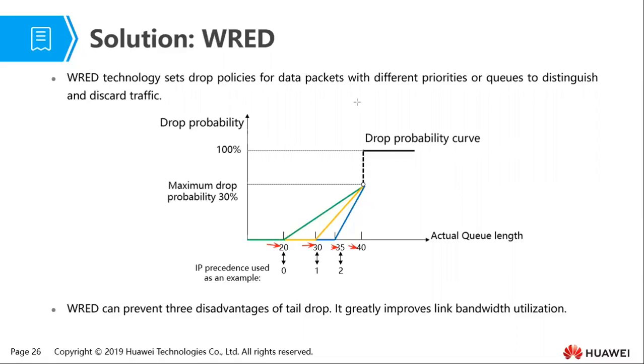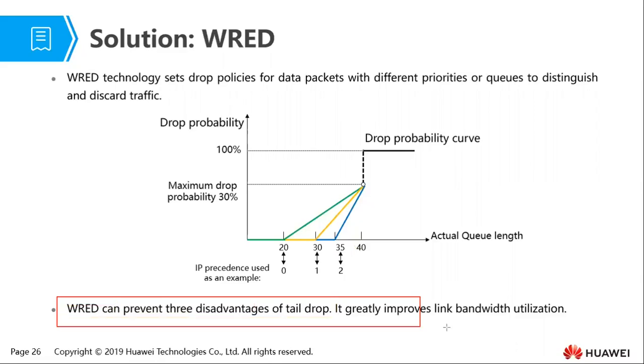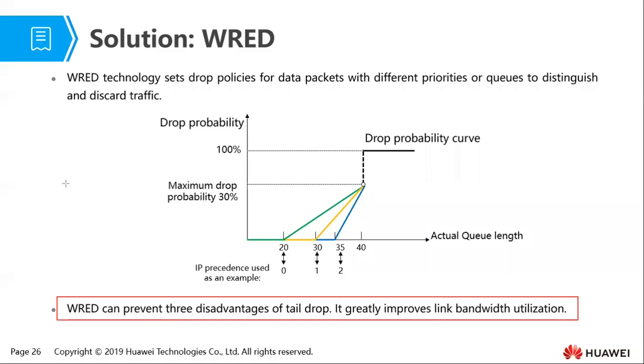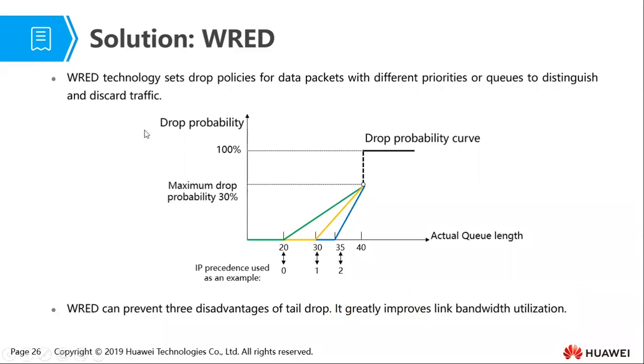With this kind of differentiation of different packets, weighted random early detection is able to prevent the three disadvantages of tail drop: TCP synchronization, TCP starvation, and not being able to differentiate different service types. This greatly improves link bandwidth utilization. So that is what we call weighted random early detection.